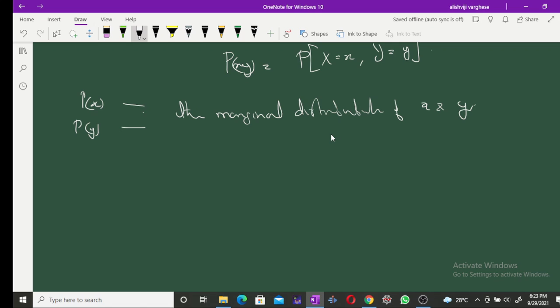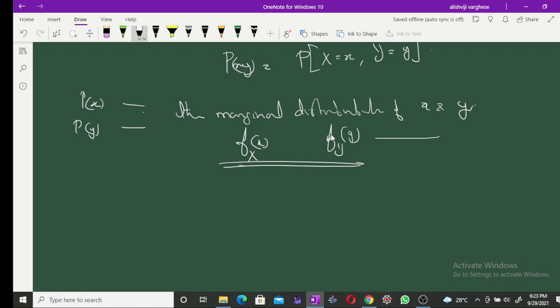So in some cases, some textbooks use the notation f_X of x and f_Y of y to represent the marginal distribution of x and y respectively. So that's another representation, which is more common.